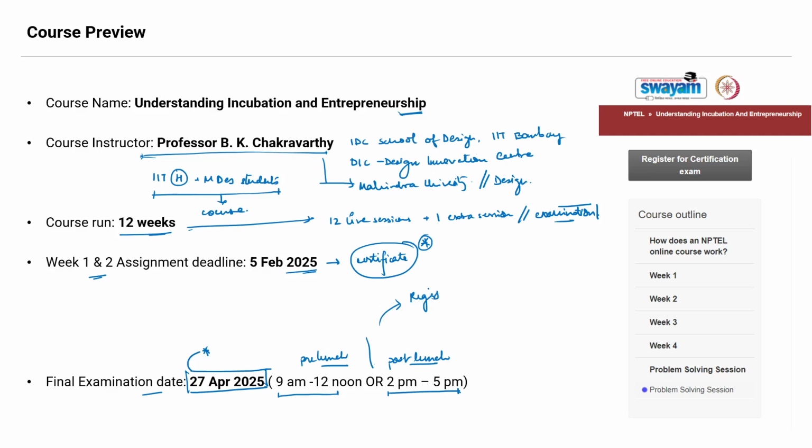In the registration process, you'll have to enter the choices of venue. So venue can be in proximity to where you are staying. You'll have to give 2 to 3 options there, and accordingly you'll be allotted one of the venues. These details will be available in the hall ticket, which is provided to you around 1 or 2 weeks prior to your examination.